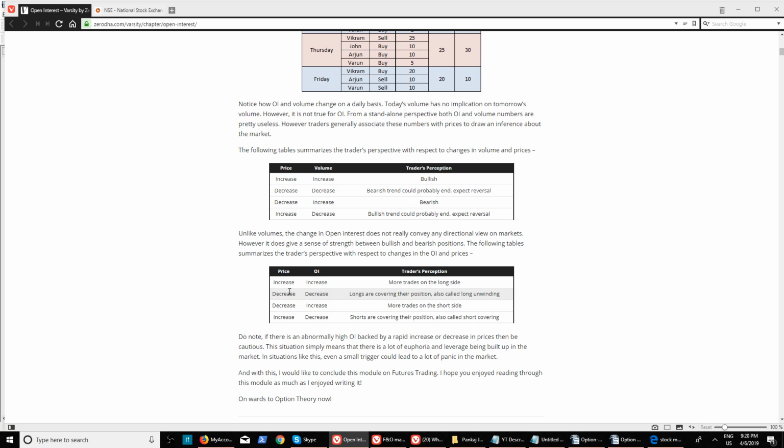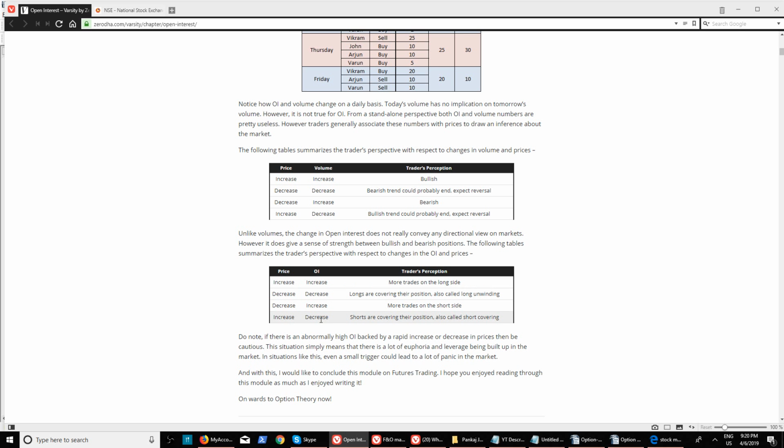When there is a decrease in price and decrease in open interest, that means the longs are covering their position, and that's also known as long unwinding. That means they are closing their long positions. If there is a decrease in price and increase in OI, that means there are more trades on the short side. This is also known as short build up, and the first one is also known as long build up.